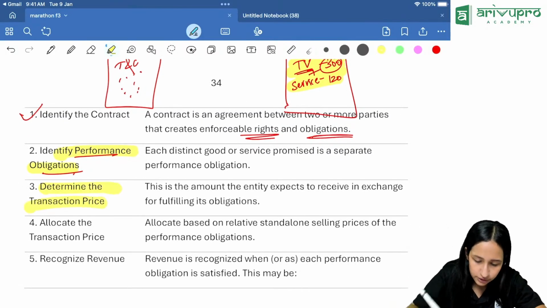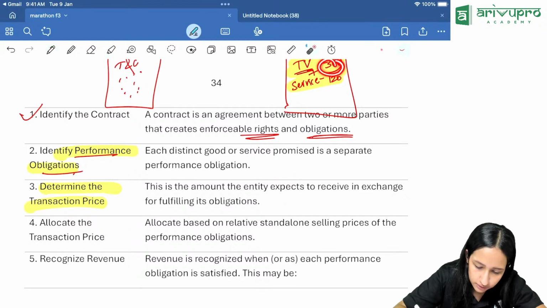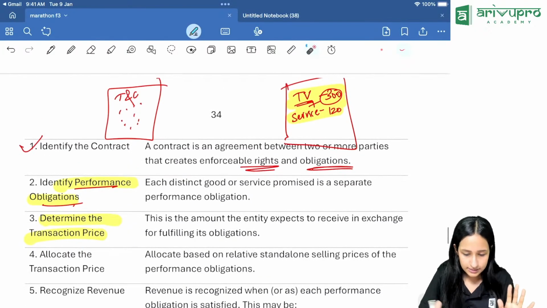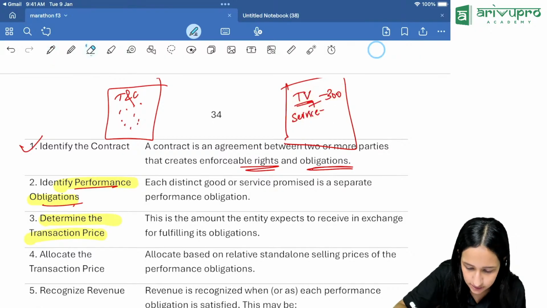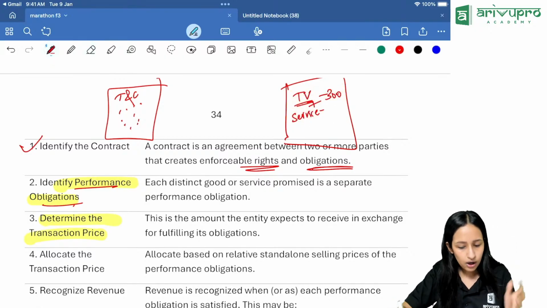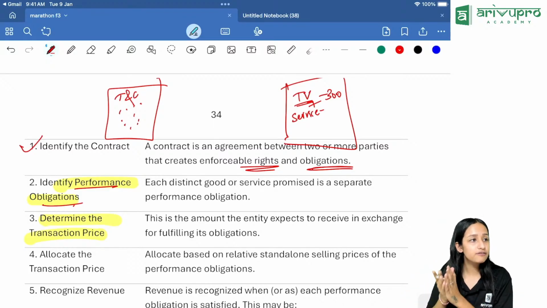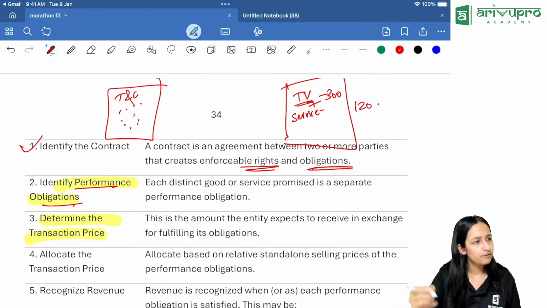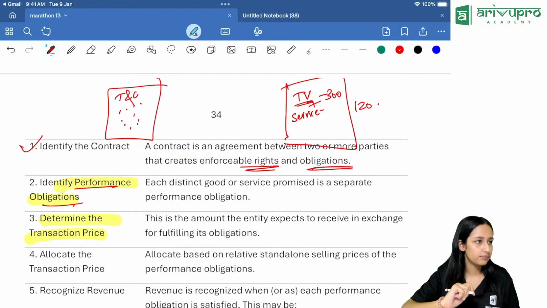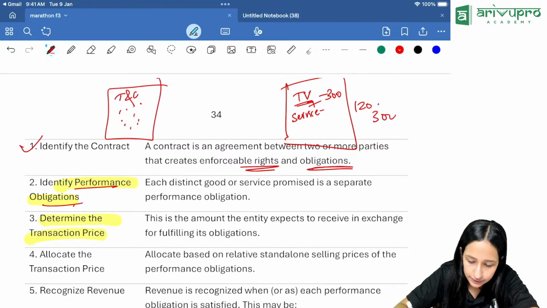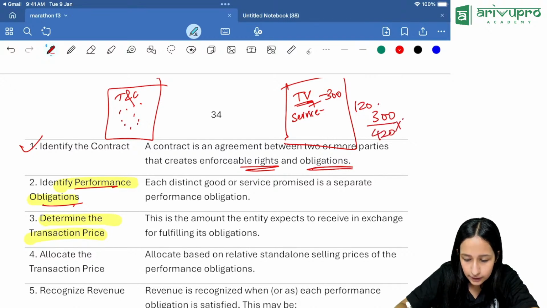Third, you need to determine the transaction price. What is the transaction price here? 300 and 120. Then you will allocate the transaction price to both of these things. For example, let's assume that the TV service was free. How will you allocate price to this? We will check each as an individual thing. For example, service usually for 1 year costs you 120. We will use that amount. Although it is free, how will you do that? For the TV, we'll do 300 divided by 420 into 300.